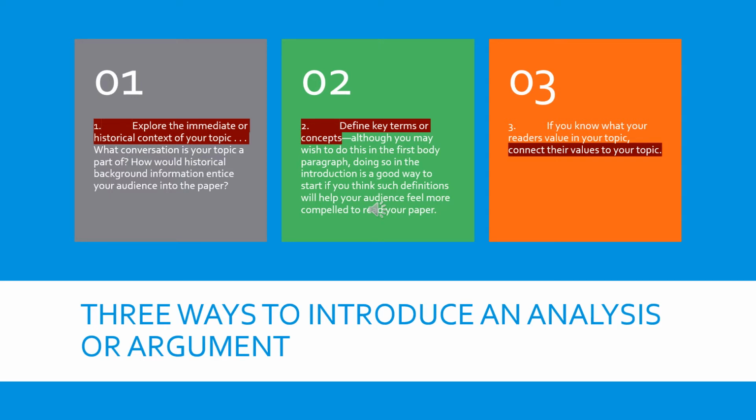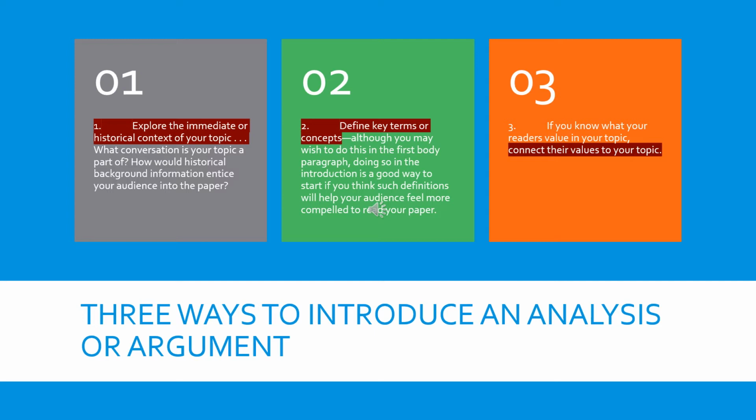So here are the first 3 ways to introduce an analysis or an argument paper. That is, to write your introduction paragraph. The first way is to explore the immediate or historical context of your topic. That is, what conversation is your topic a part of? We've used that word conversation a lot this semester.